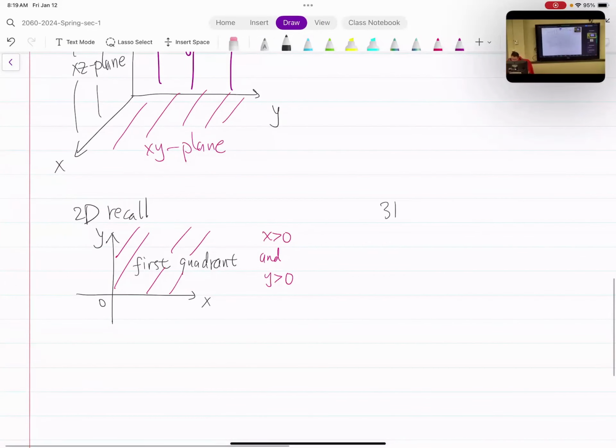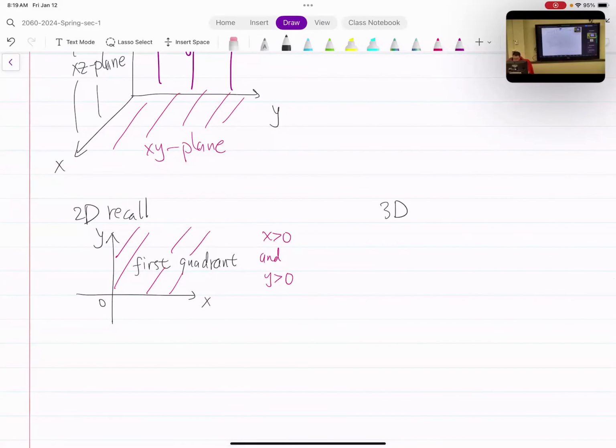But now what happens in 3D? In 3D, we have three planes, right? So that's going to be 8 regions, but if we look at the first one, that's similar. We look at the region where x, y, and z are all positive. So that's actually this piece.